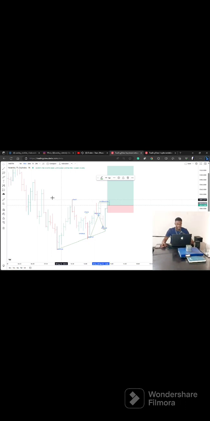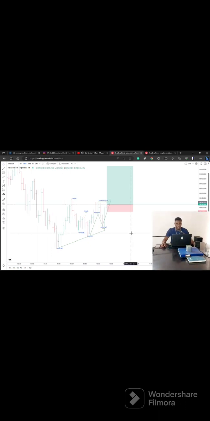So examples of an uptrend: if we were to switch back to the chart, an uptrend, guys, is simply when price moves from point A to point B. It means price moves from point A, down to point B, that is an uptrend, right, guys? You get it?